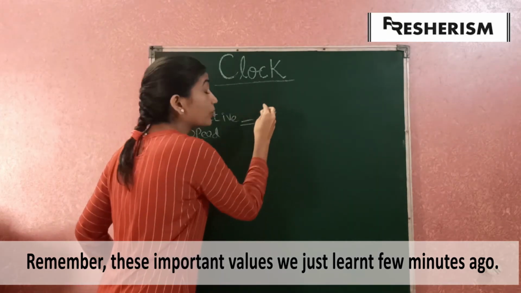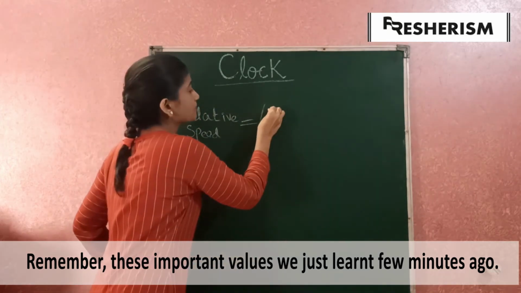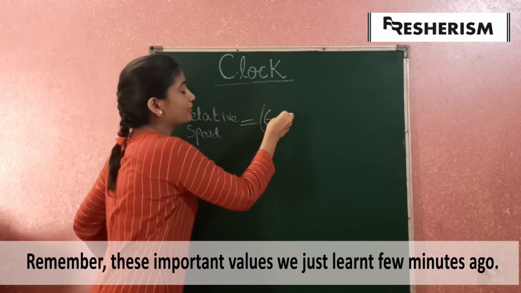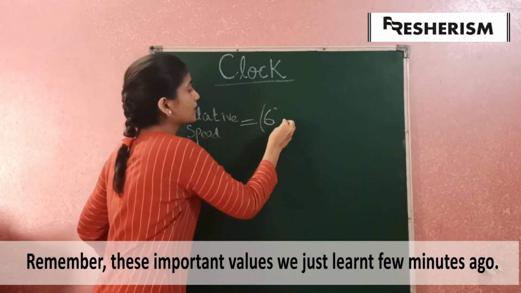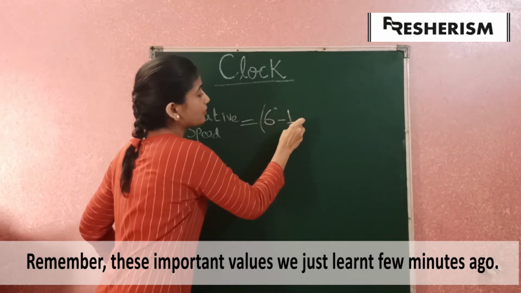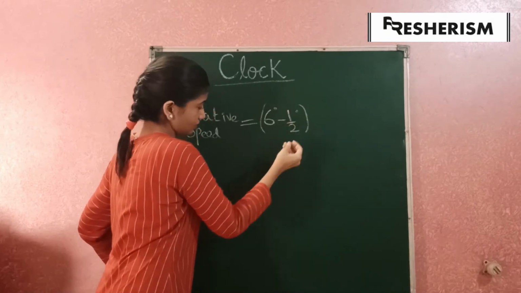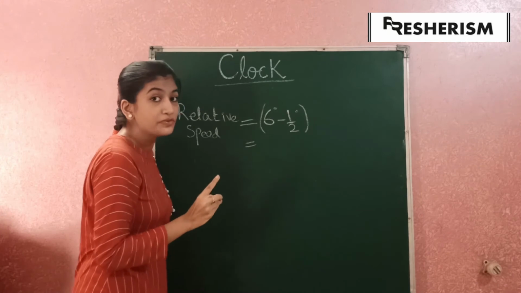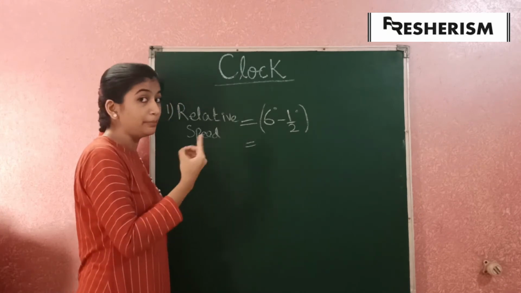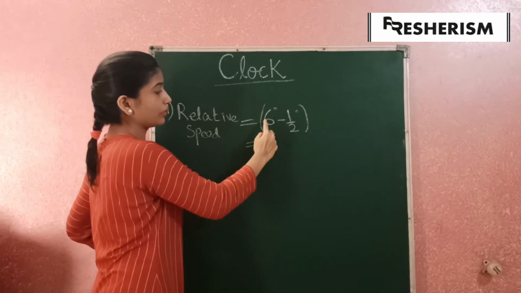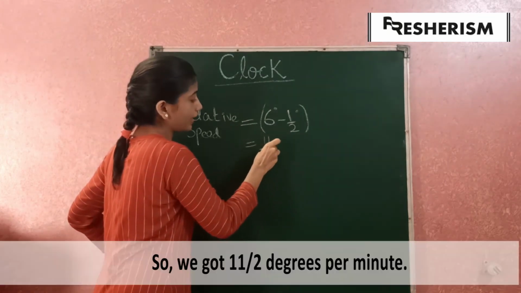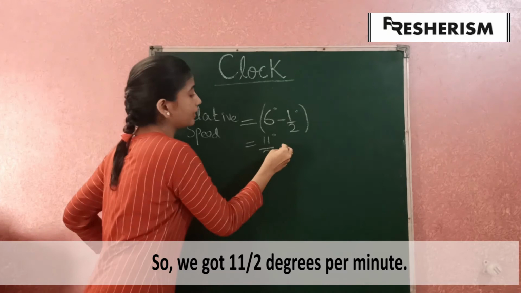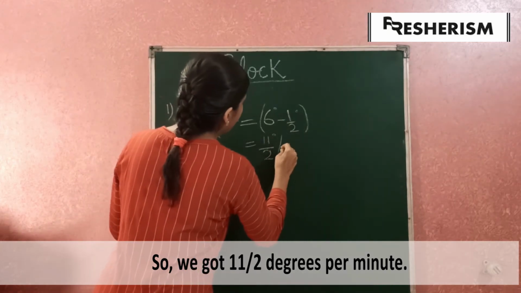So for finding the relative speed, we subtract: 6 degrees minus half a degree. By solving this, 12 minus 1 is 11, so we get 11 by 2 degrees per minute.